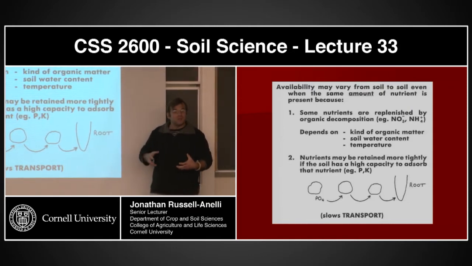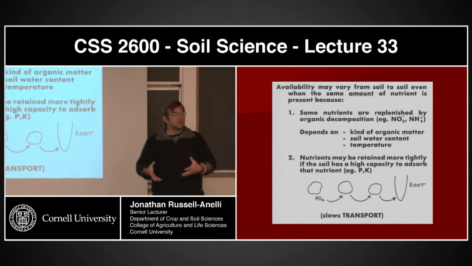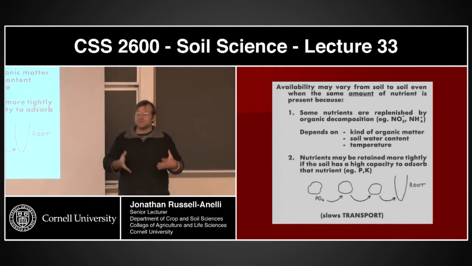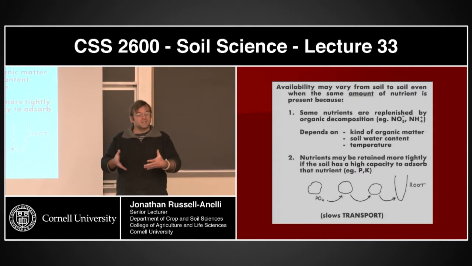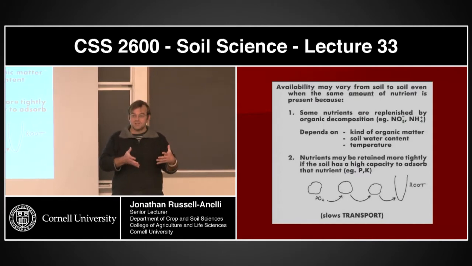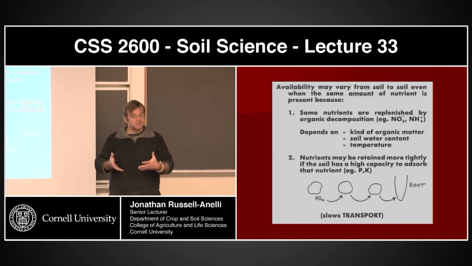The classic example here is the phosphorus one. What happens when the pH of a system goes low? How does the phosphorus bind in those systems? Aluminum and iron. As the systems become higher pH, phosphorus is bound to calcium.